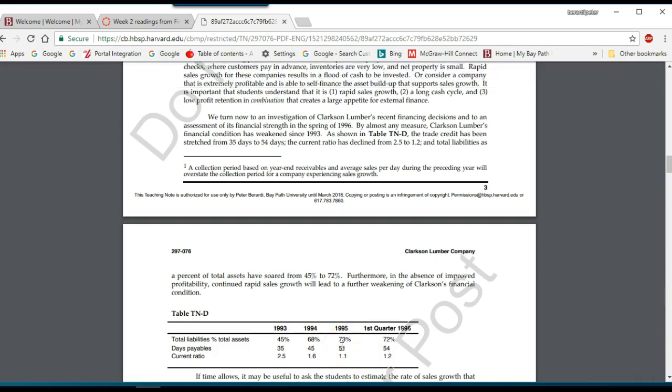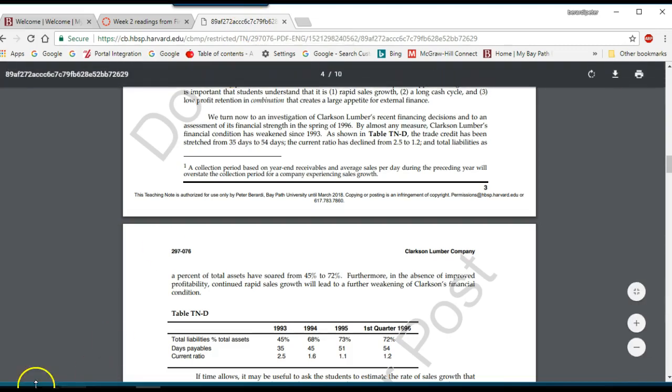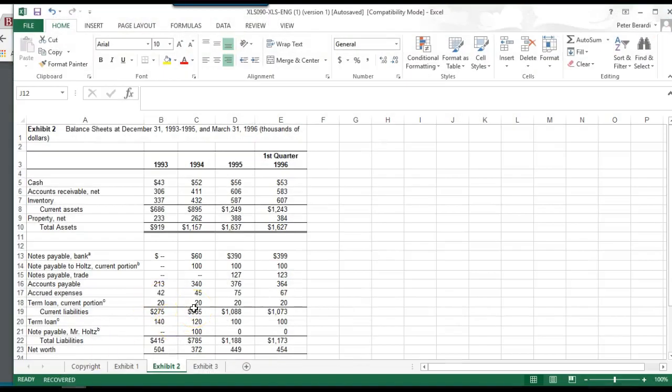But what I would do is, for 1995, I would go to the balance sheet and take out the long-term notes and figure out what your current liabilities as a percent of sales are. So I would take the current payable and accrued expenses, okay, and figure out what percent that is of your net sales. And use that to determine perhaps what your accounts payable or accrued expenses are.